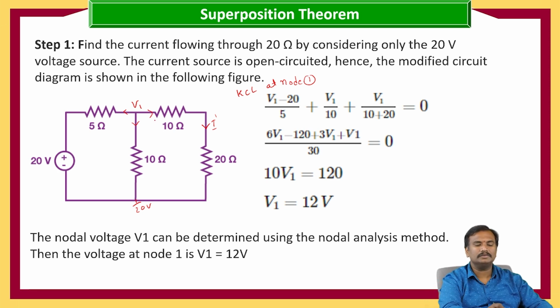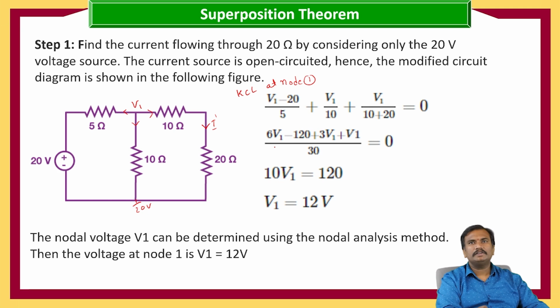That is equal to (V1 minus 20) by 5 plus (V1 minus 0) by 10, that is V1 by 10, plus V1 by the two resistors connected in series, that is 10 ohms and 20 ohms. So V1 by (10 plus 20), which is equal to 0.